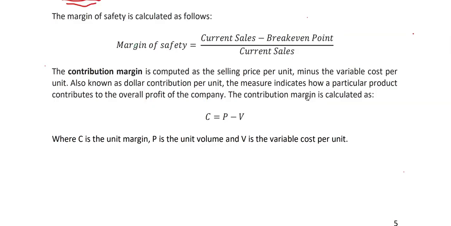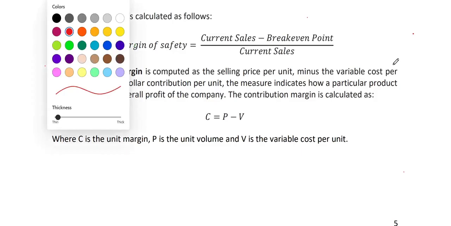And this tells you the dollar value contribution that each product or service offered makes to the overall profits or revenues of a company. So the contribution margin is just the selling price per unit minus the variable cost per unit, guys. Everybody understand what it's telling us?